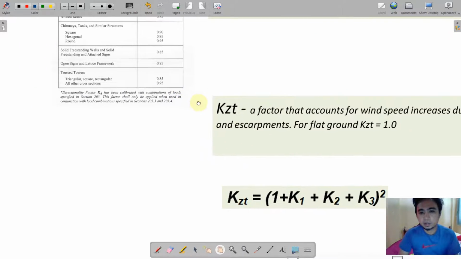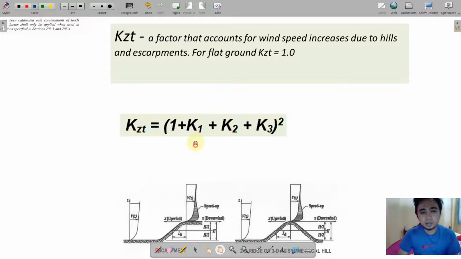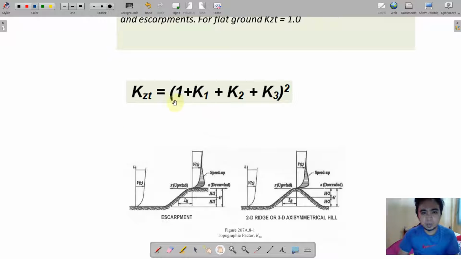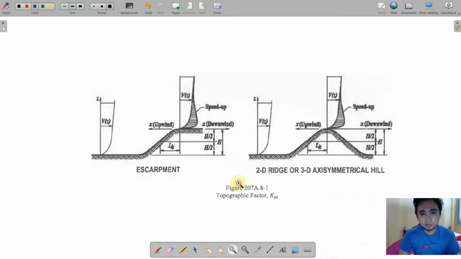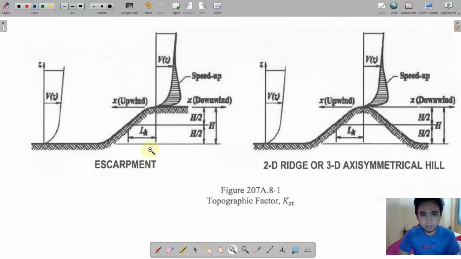Okay, so KZT here will have this equation. There are three factors, K1, K2, and K3, present in the table, then plus 1, all squared. So this is the diagram that we should consider. Here LH is the horizontal distance.